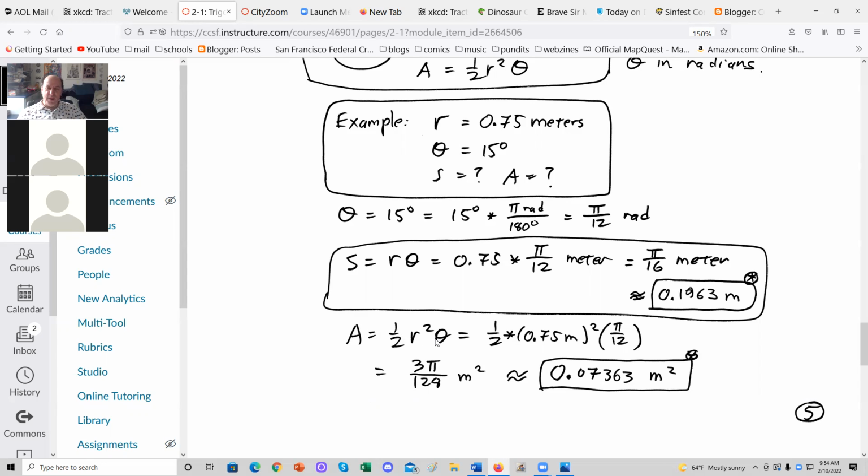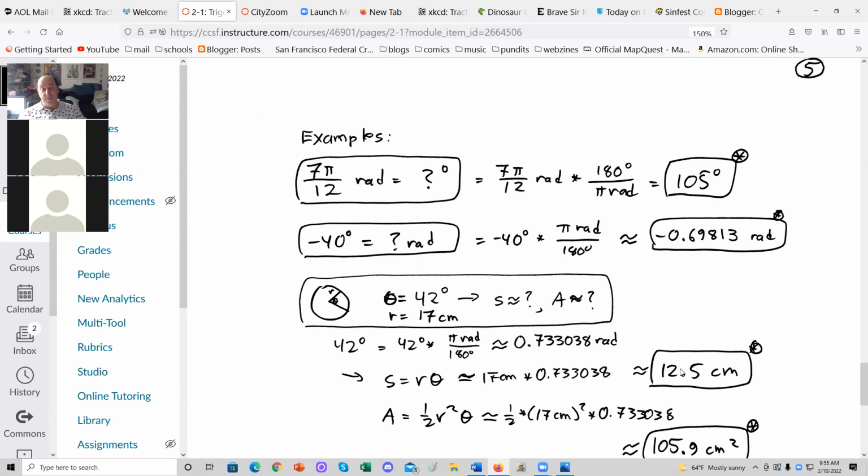Area is 1/2 r squared theta, my apologies. Okay, 1/2 times the square of 0.75 meters times pi over 12. Okay, so bit of arithmetic, 3 pi over 128 square meters, or 0.07363 square meters.